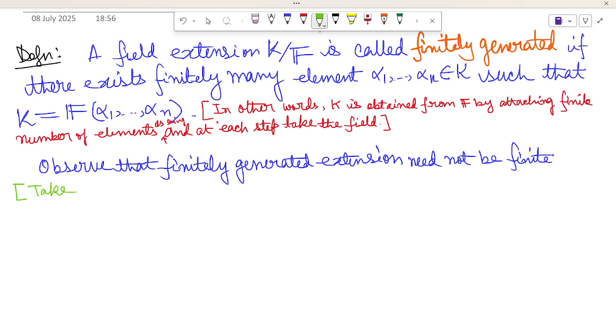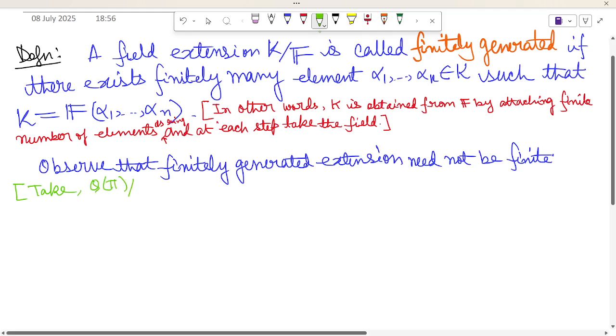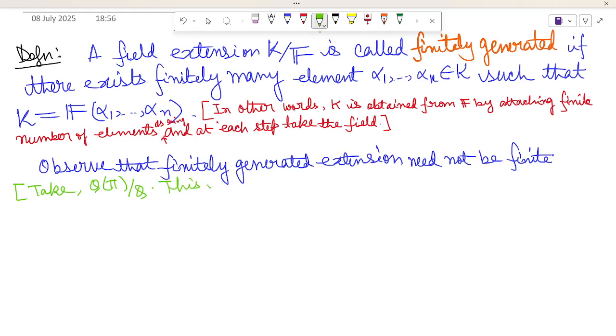Take Q(pi) over Q. This is a finitely generated extension, in fact a simple extension, with only one element.